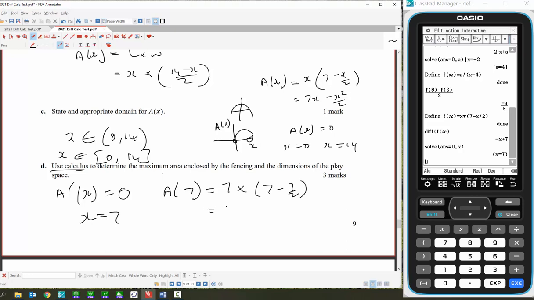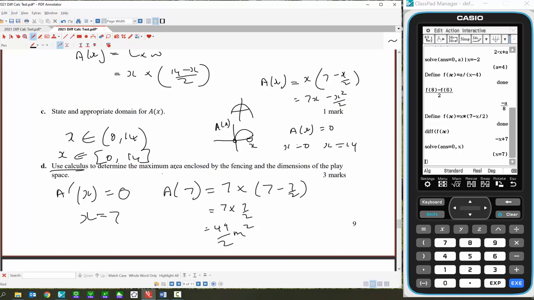It's looking pretty nasty. 7 times 3.5, 7 times negative, oh my god, mental blank here. This is 3.5 from 7 is 7 on 2. 49 on 2. Hallelujah, we got there. Metres squared.